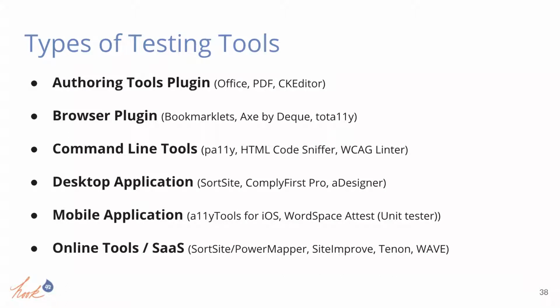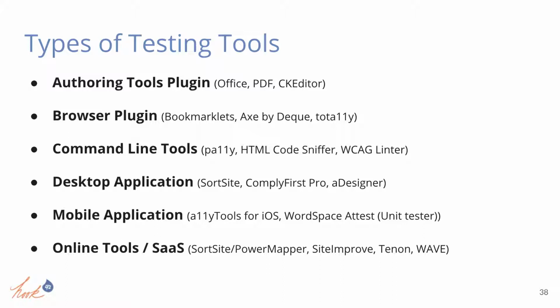So when we get into a little deeper types of tools, there are authoring tools plugins. That is like a plugin for Office or Adobe PDF or CK Editor. There's plugins that you can go directly into those. There are web browser plugins, right? Like little bookmarklets.